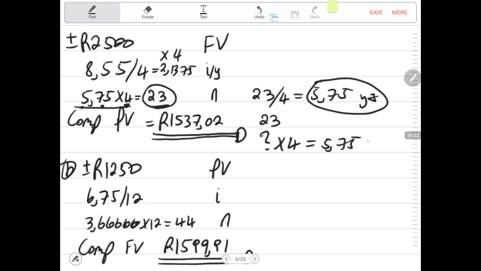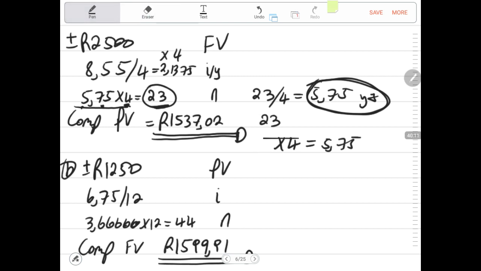That means, when we are looking for this 5.75, we need to divide. I think I've done it wrong. We multiplied something by 4, not 23 by 4.